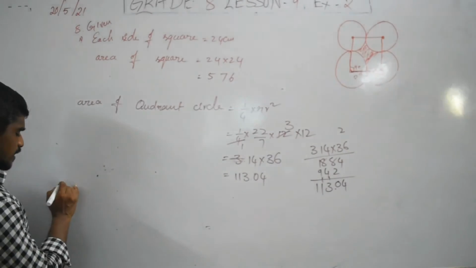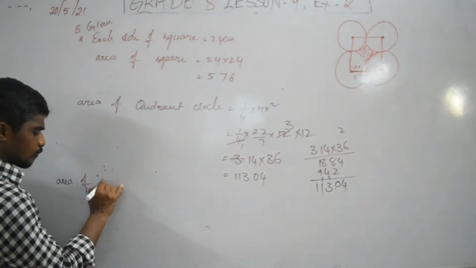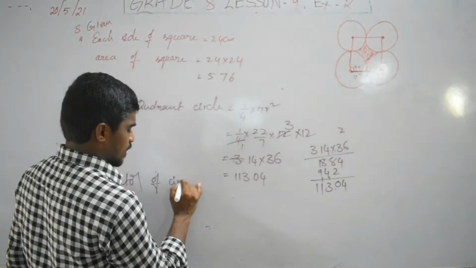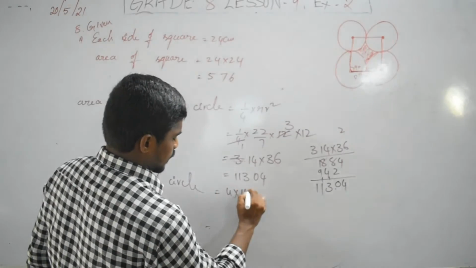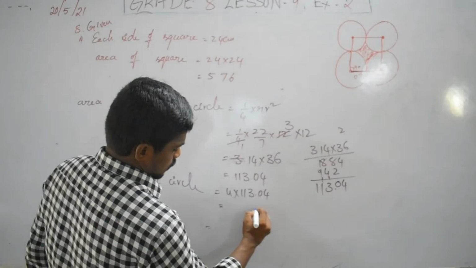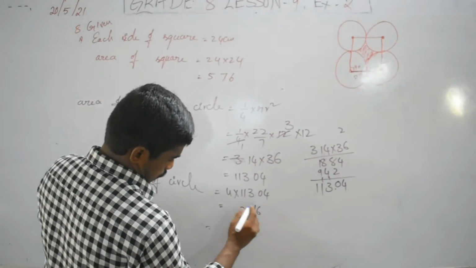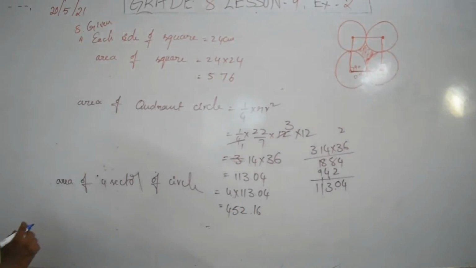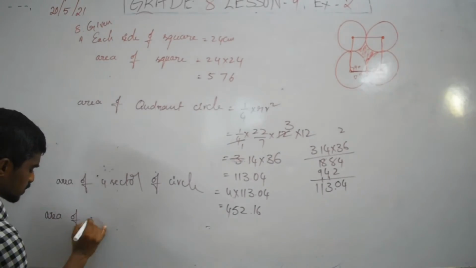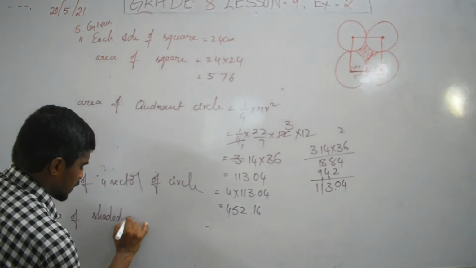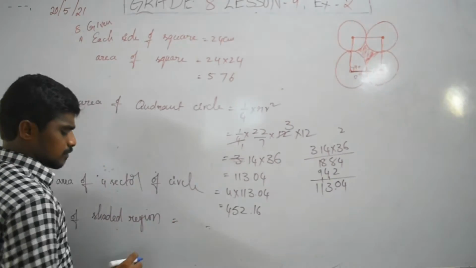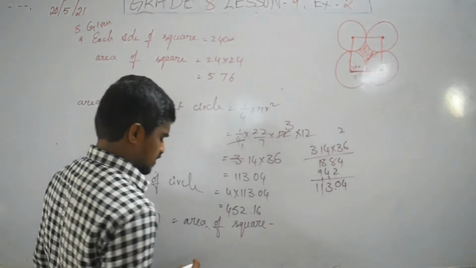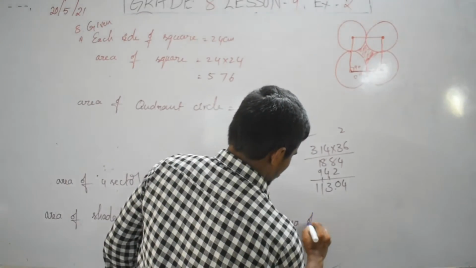Their total, how many sectors? The area of 4 sectors of the circle is 4 times 113.04, which is 452.16. Now the area of the shaded region is equal to the area of the square minus the area of 4 sectors.